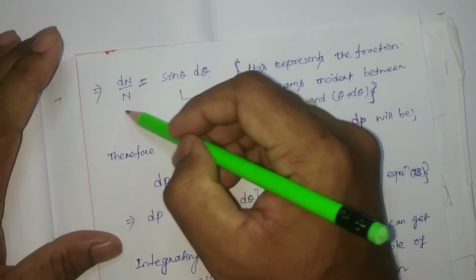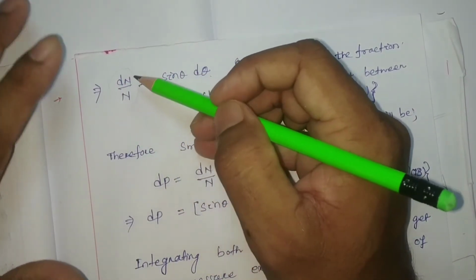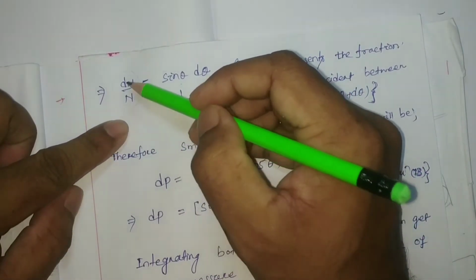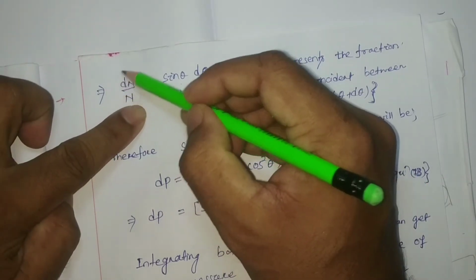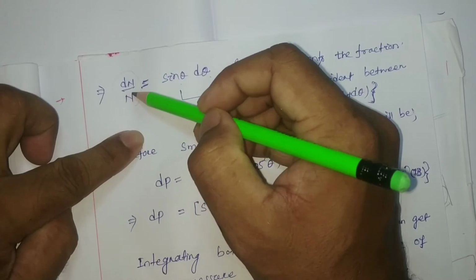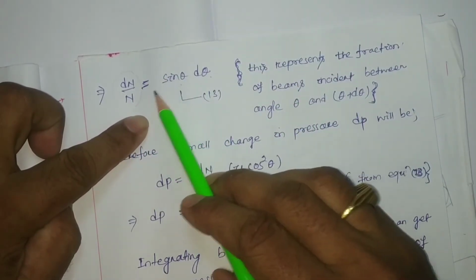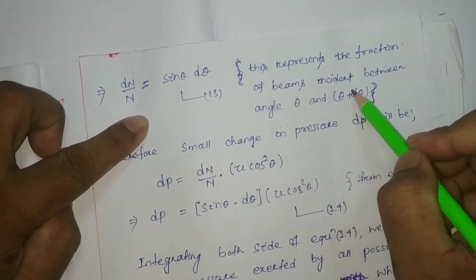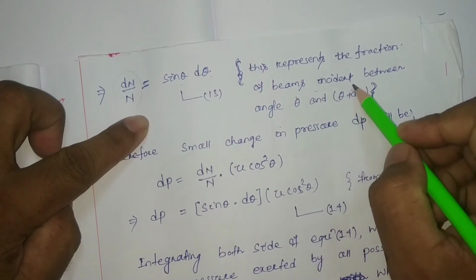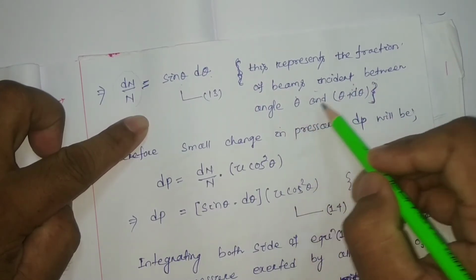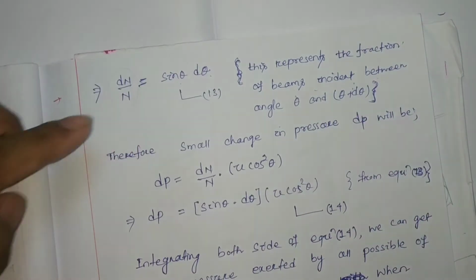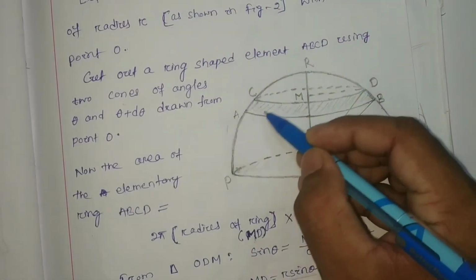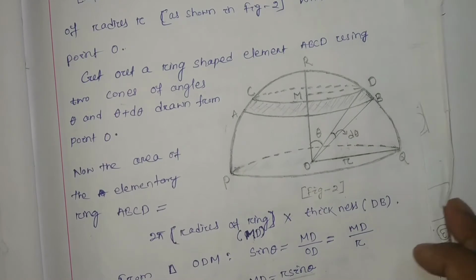So what is the meaning of dn by n? dn by n is nothing but how many particles from the total number of particles. dn by n means how many particles from the total number of particles, or we can say this is your representation of the fraction of beams incident, or passing through between angle theta and theta plus d theta, or passing through the elemental area of the ring.